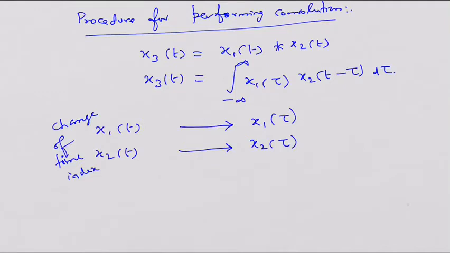Right. The second process is called folding. Second step is called a folding operation, where this x2 of tau is to be folded to obtain x2 of minus tau in this case. So the resultant signal will be x2 of minus tau. The third step will be shifting in time units.